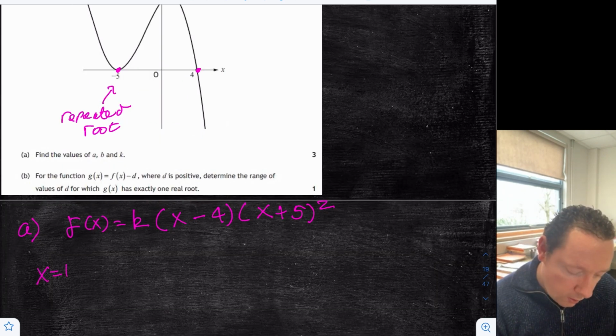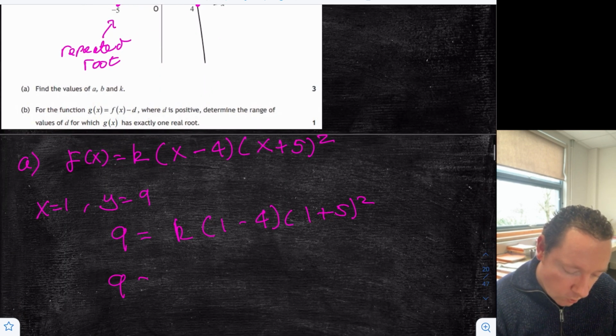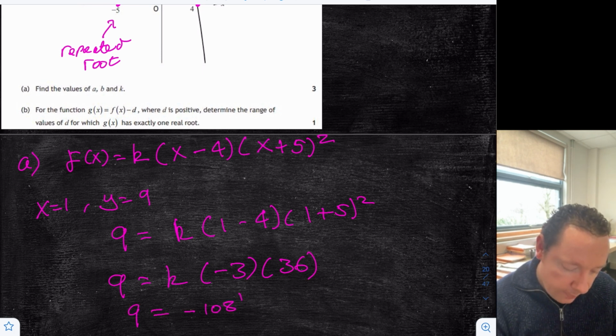x equals 1, y equals 9. So we get 9 equals k times 1 minus 4, 1 plus 5, all squared. So 9 equals k times minus 3, 1 plus 5 is 6, 6 squared is 36. So 9 equals minus 108k.